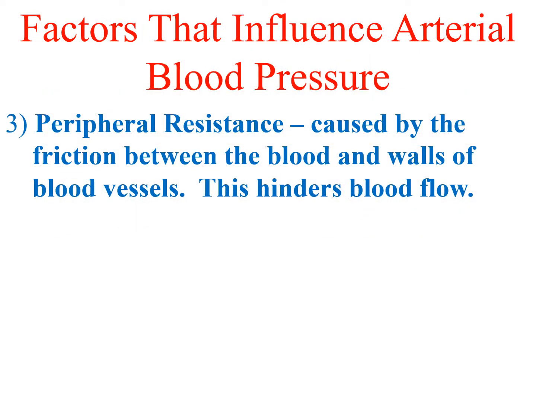Here's a third one, a little more difficult to understand, called peripheral resistance. Peripheral resistance, or PR, gets at the friction that forms between the formed elements and the wall of the blood vessel that we're talking about. Let's pick an artery, for example, or a vein.